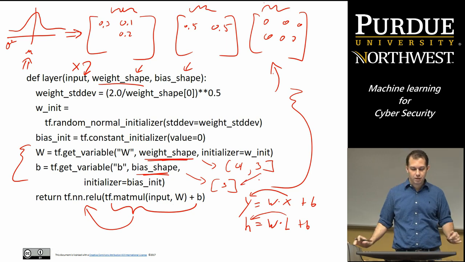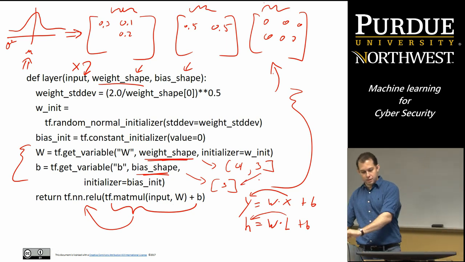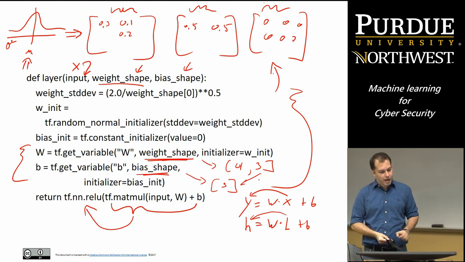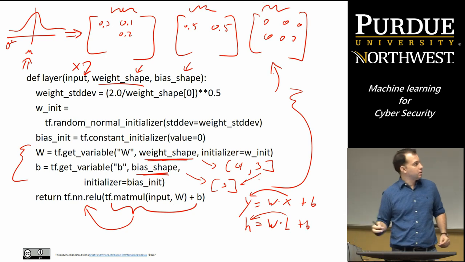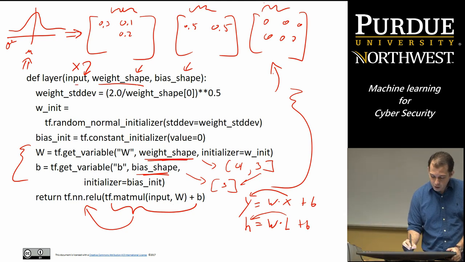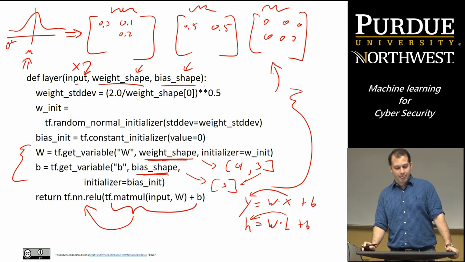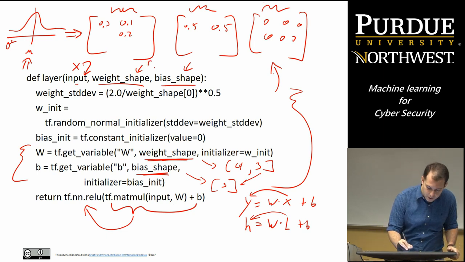So the first layer and the second layer. So actually, these parameters then indicate we have our input, our weight shape, and our bias shape. Okay, here these are going to be like lists. All right, so this is where we would plug in 4, 3, and 3.